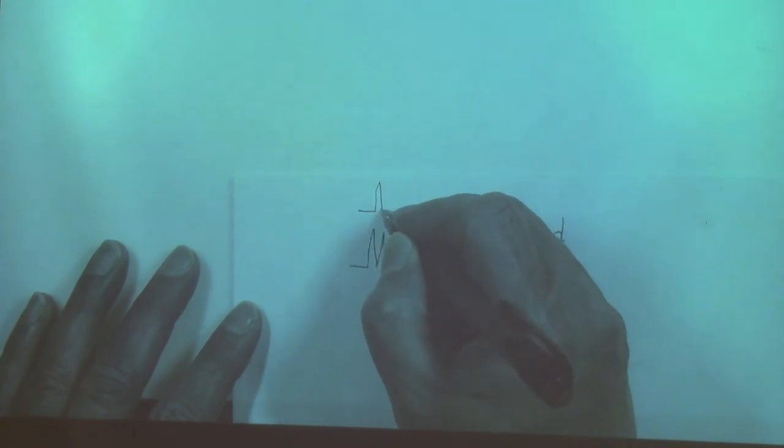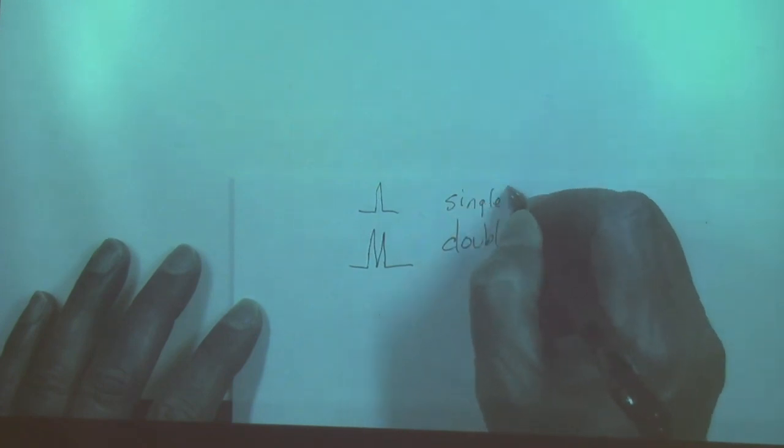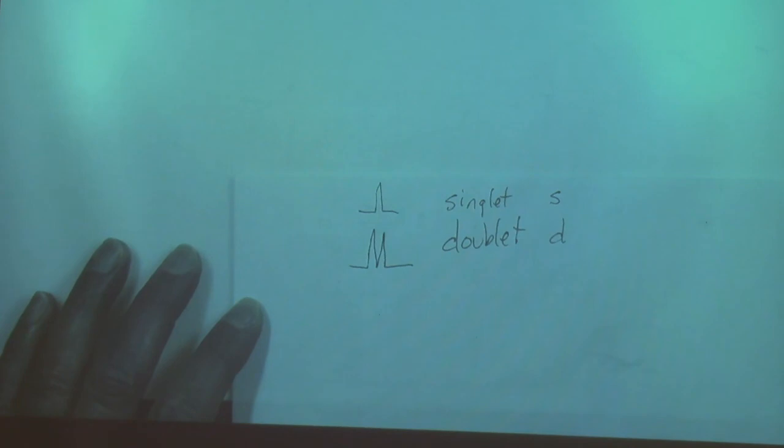I should have started with this: if you see one peak, we call that a singlet, and we represent that with an S. So a singlet is one peak, a doublet is two similarly sized peaks right next to each other.